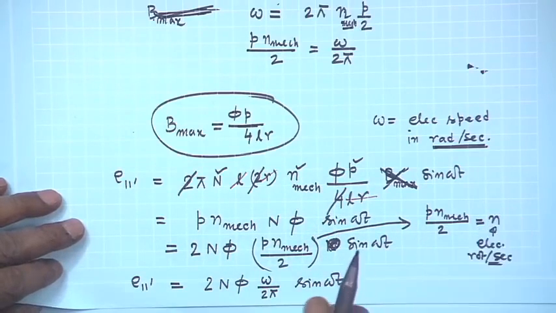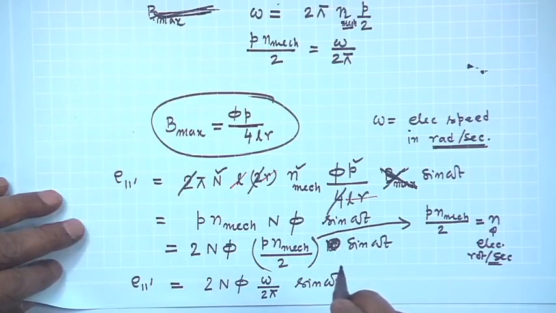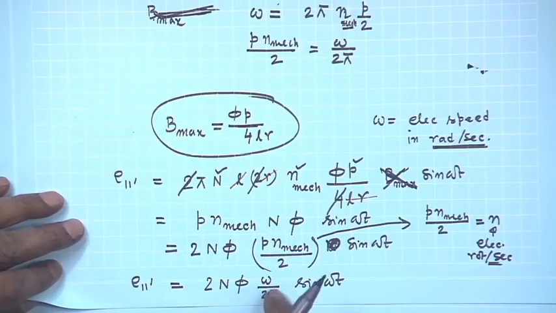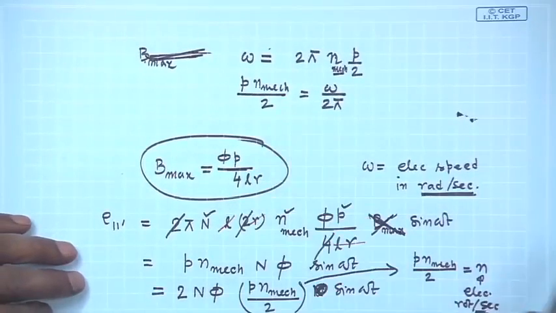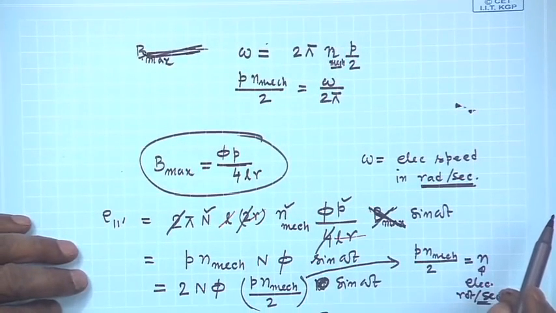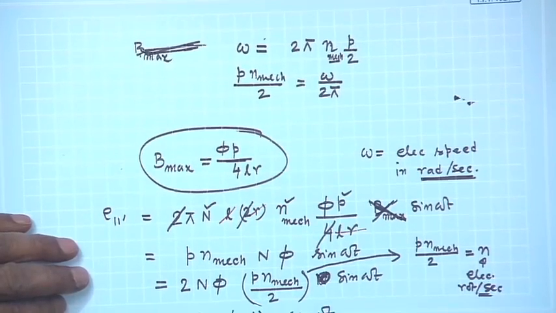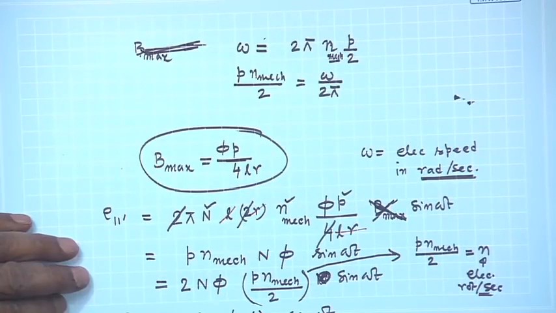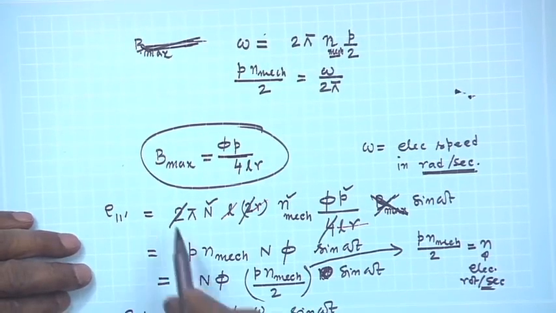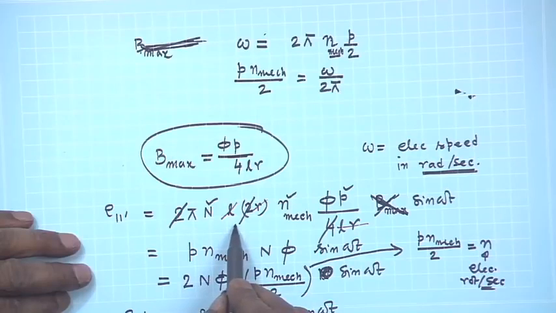Okay. One pi is coming extra here. Second line here, this.